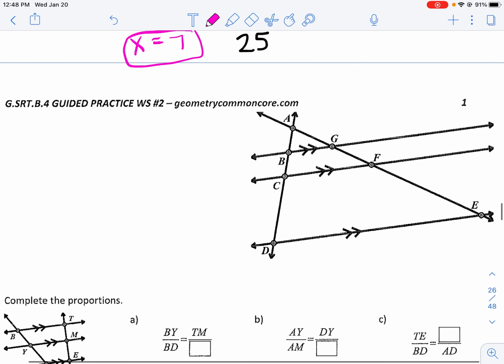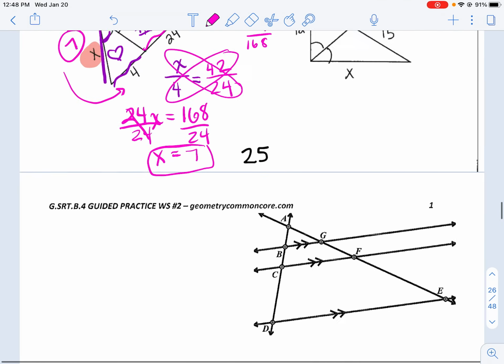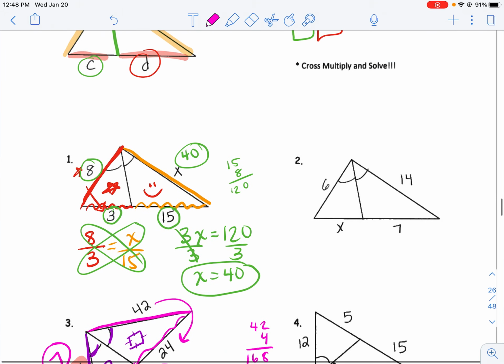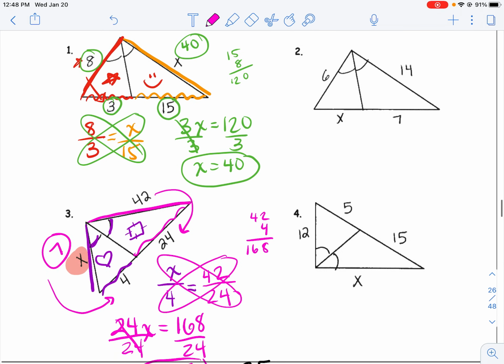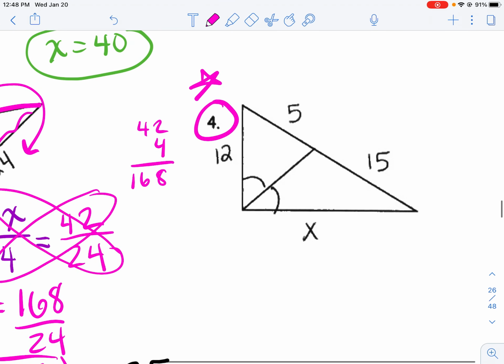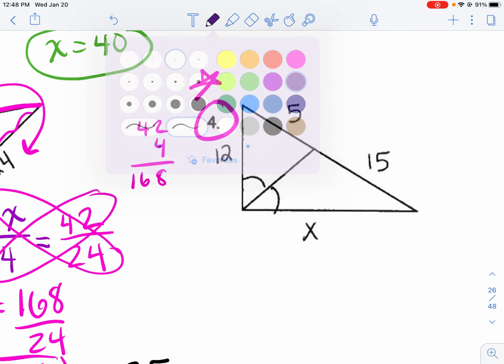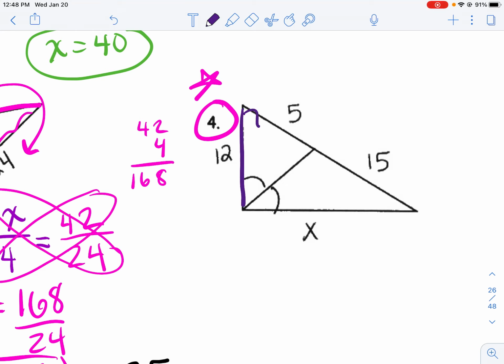Okay, so if we look at these kind of questions, we did just a few of these. I think you guys sort of get the pattern. Why don't I just have you try number 4 right now on your own. Try one more, and then you can check your answer with mine. So 12 over 5 is going to equal x over 15.